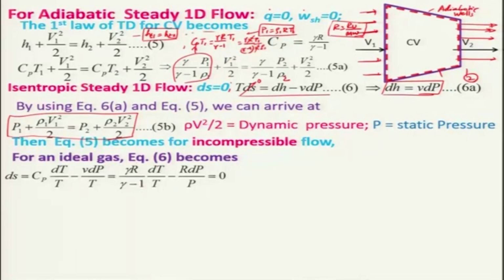This is the expression, and minus R dP by P. Now, we know of course that P is equal to rho R T for an ideal gas.